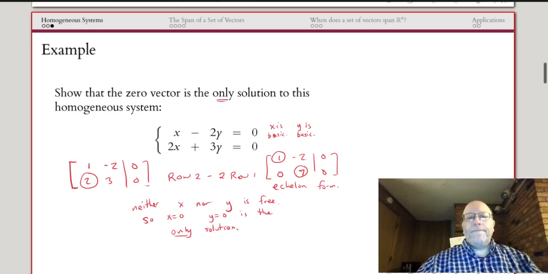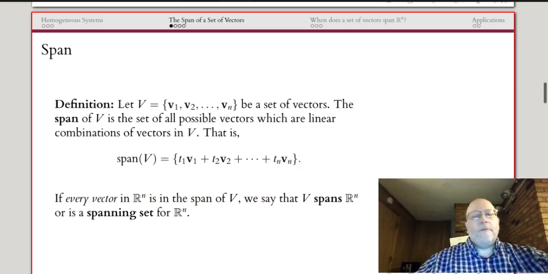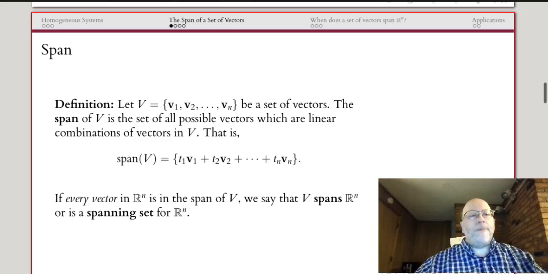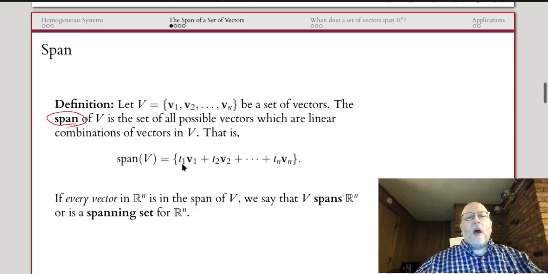All right, let's move on. So suppose we have a set of vectors. We say that the span of that set of vectors is the set of all of the possible vectors which are linear combinations of vectors in V. So any combination of weights times these vectors.